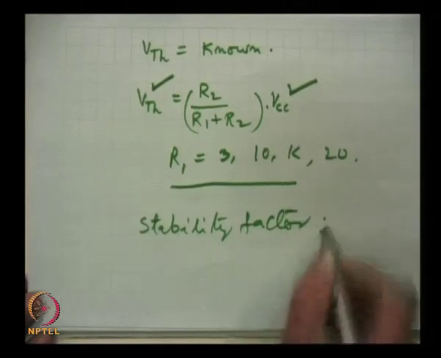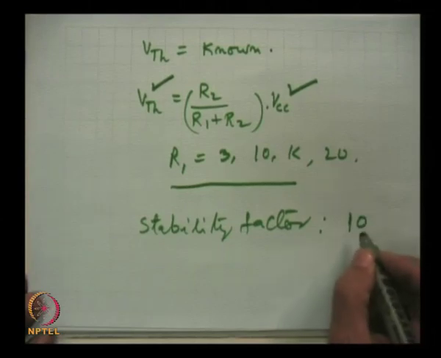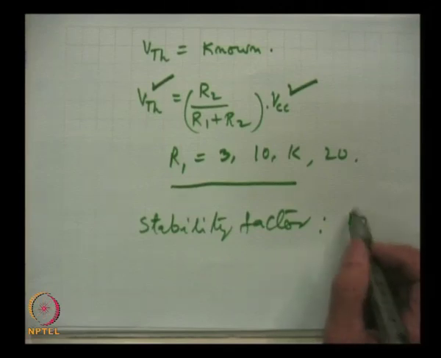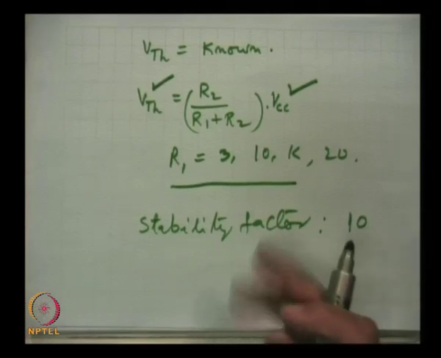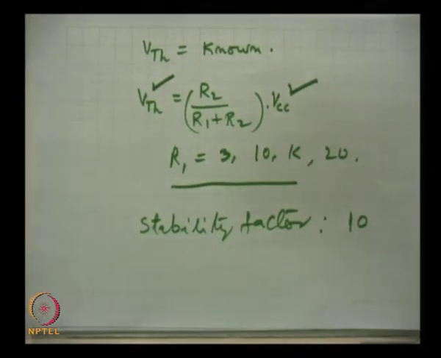Stability factor for a good circuit may be assumed as say 10, and this will give one relationship of R1 and R2. So, we will have two relations, one is here and the other will come from the stability factor, and by using these two expressions, the values of R1 and R2 can be calculated independently, and this way the design is complete. All the parameters of the circuit are known.